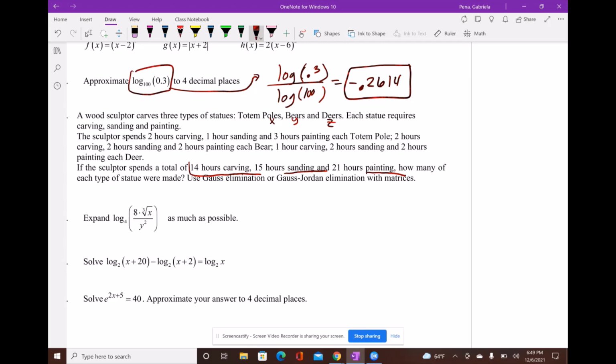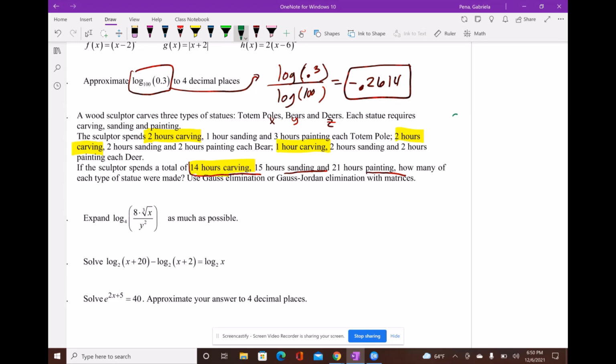When we're talking about carving, I have 2 hours for the pole. That's what you're going to spend carving. For the bear, we're going to spend also how many? 2 hours. And for the deer, he's going to spend 1 hour. Together, he's going to spend 14.